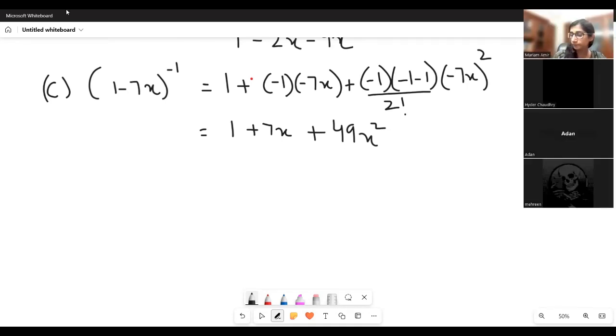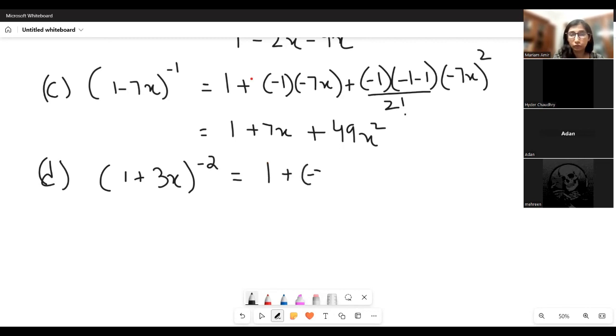Right, part D. Anybody has any questions so far? 1 plus 3x power minus half. Okay, so first term is 1, then plus nx.